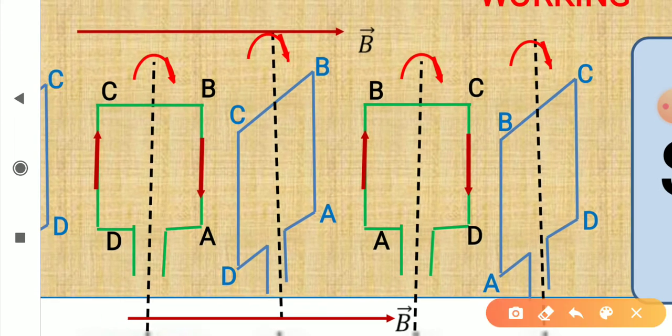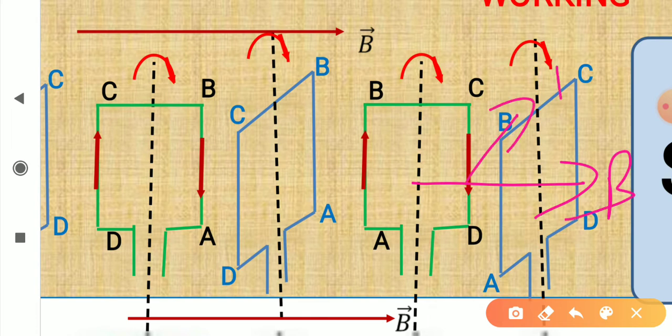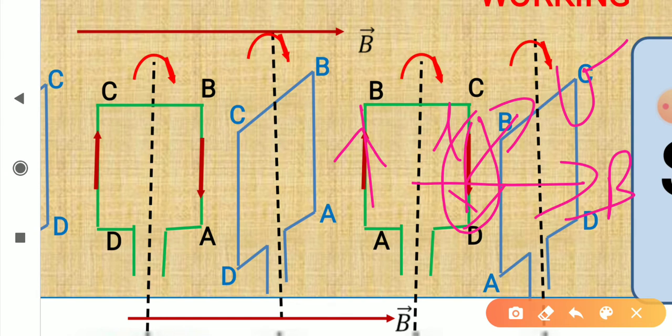Now in this situation, the direction of magnetic field is this one only, and now the CD is moving inside, perpendicular to B with velocity V. Again B, L, V, where L is the length of this conductor, are mutually perpendicular, and using your right hand, Fleming's right hand rule, the induced current is downwards, and in AB it is upwards, and you get maximum induced EMF and maximum current, but in opposite direction.